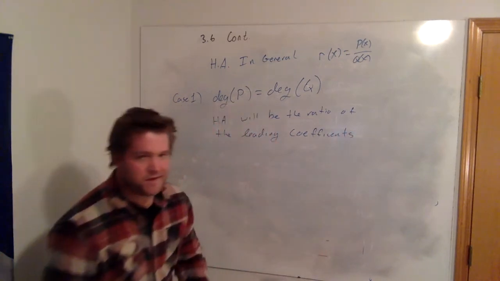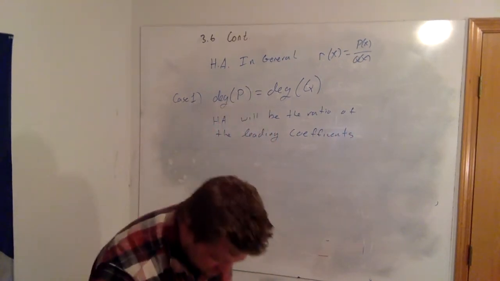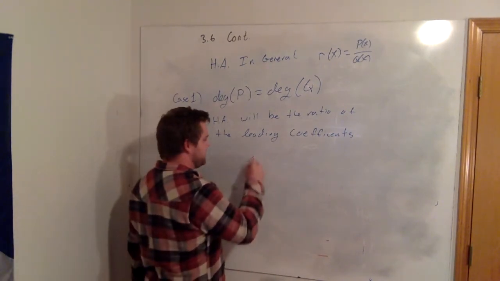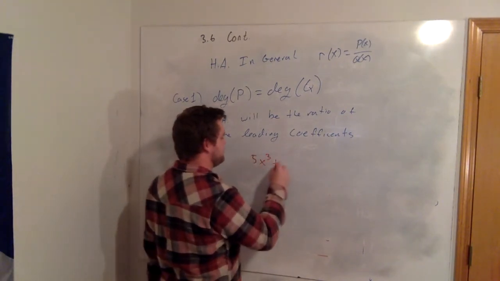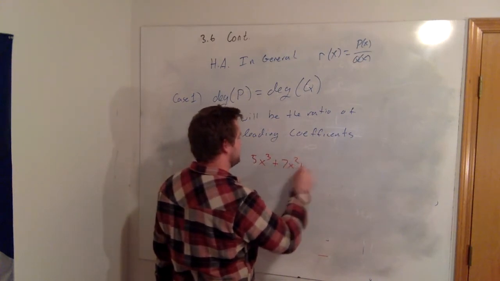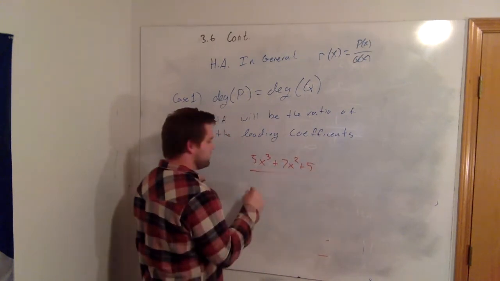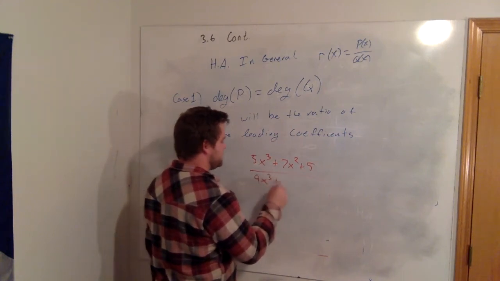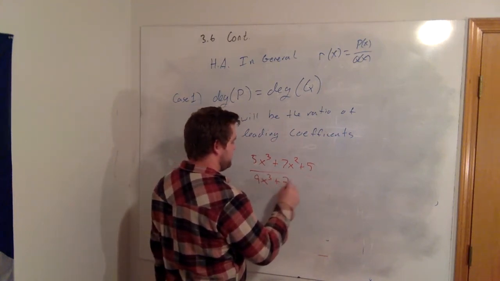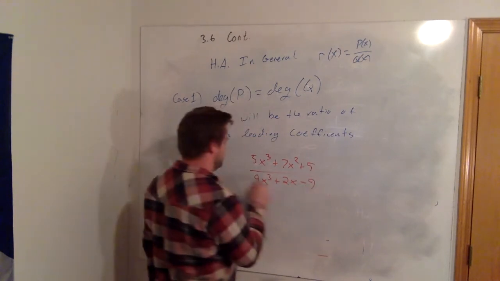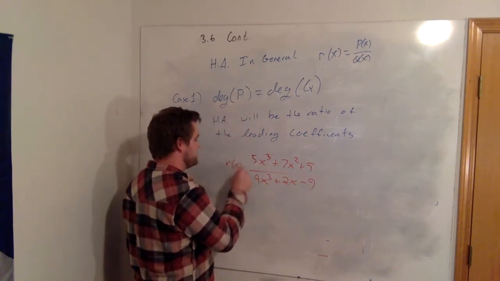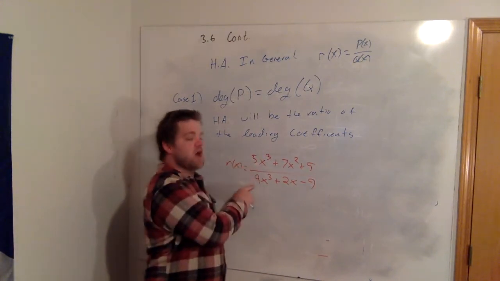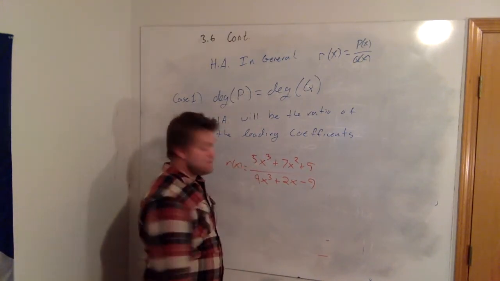As a couple examples, I'm just going to make something up. What if we have 5x cubed plus 7x squared plus 5 all over 9x cubed plus 2x minus 9? Let's say that this is our rational function. Notice that the degree in the numerator and the denominator are the same, both 3.